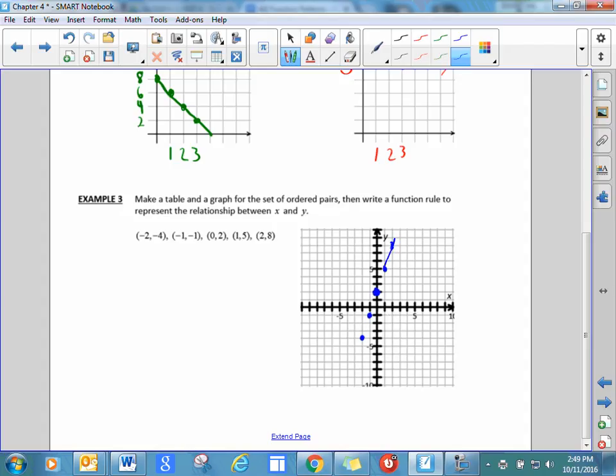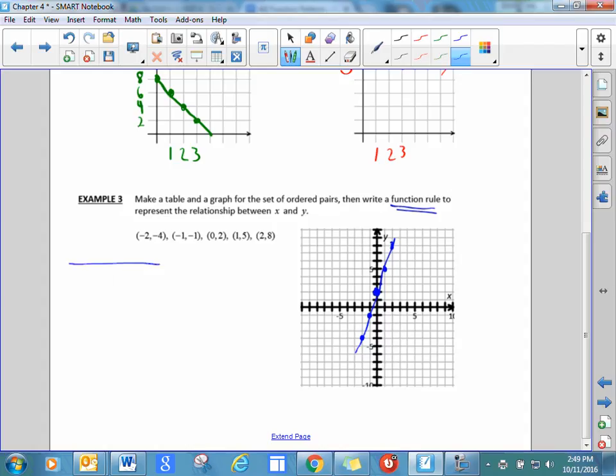I'm probably never going to be able to draw a straight line here, but it is a straight line if you have a straight edge, and I would suggest you always have a straight edge when you're graphing these. You can see that it is a linear function, and we need to write an equation, a function rule, and we're going to write it in words, and we're going to write it as an equation.